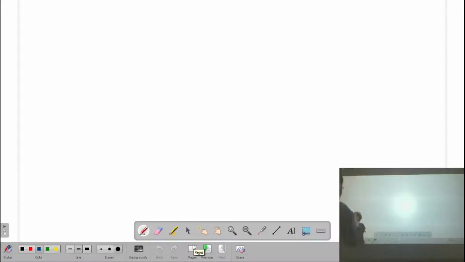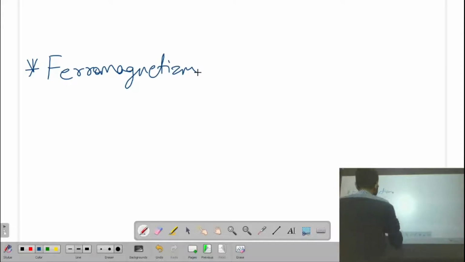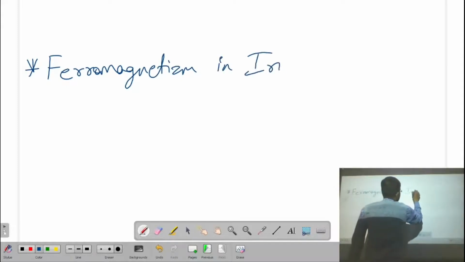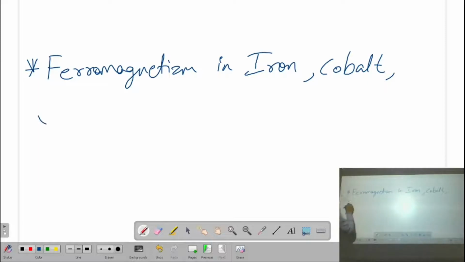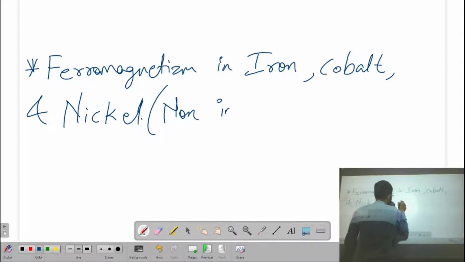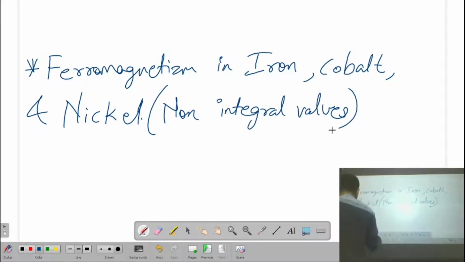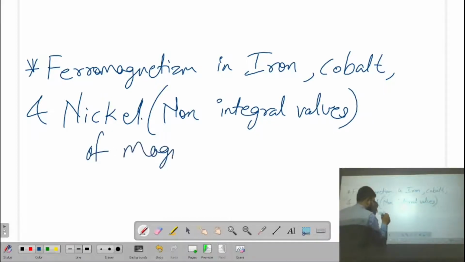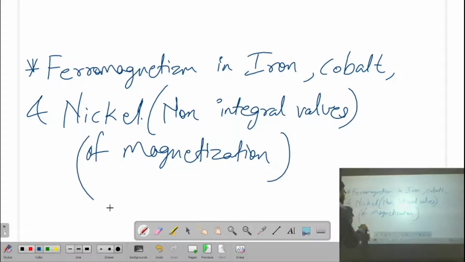ferromagnetism in iron, cobalt and nickel, and also the non-integral values of magnetization.